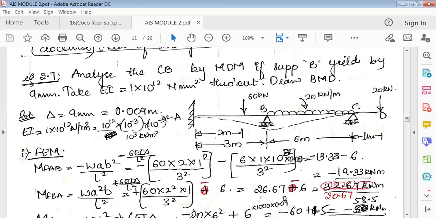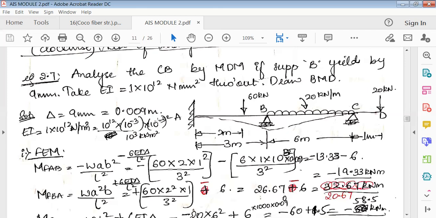So EI is 1 into 10 to the power 12 Newton mm square. It is not Newton per mm, it is Newton mm square, so we have to keep everything in the numerator only. So this is Newton to kilonewton, 10 to the power minus 3, and mm to meter, 10 to the power minus 3 the whole square.